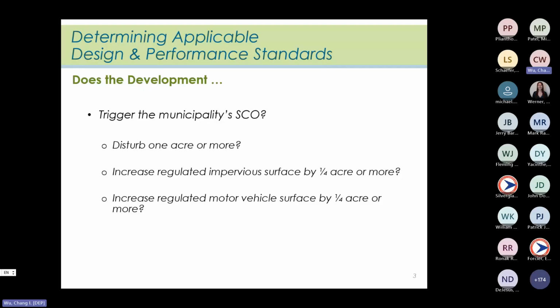That means there is a GI rule. The SCO defines a major development as disturbance of 1 or more acres of land or increase of a quarter acre of regulated impervious surface and/or regulated motor vehicle surface.